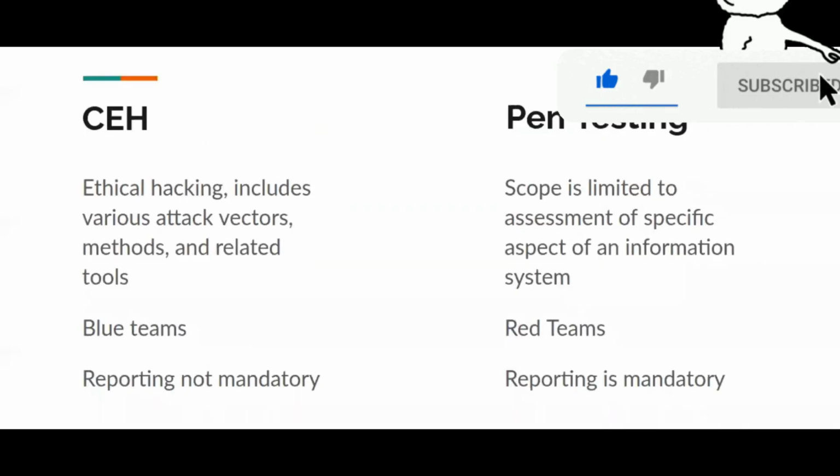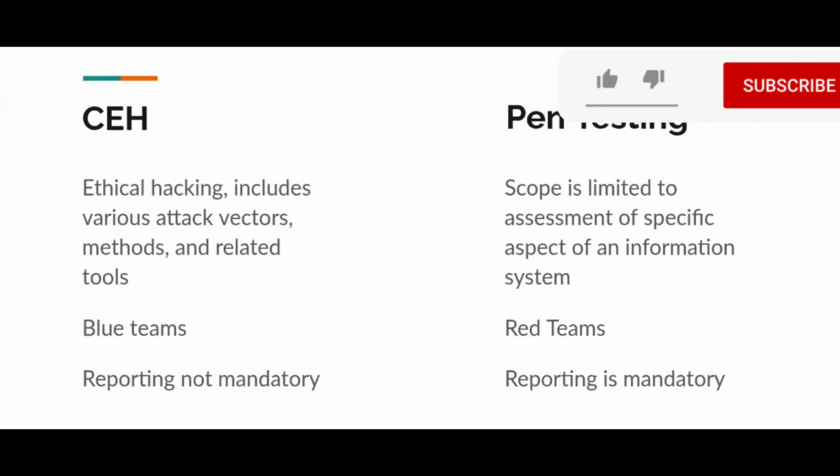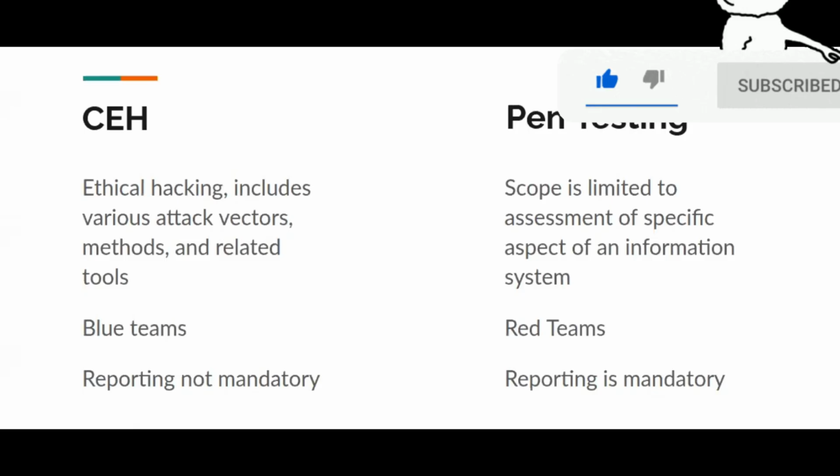So if we compare penetration testing and ethical hacking side by side, you will see that ethical hackers usually use most of the attack vectors, methods and related tools. They are not limited to a specific aspect of an information system, whereas the scope of the activities of a penetration tester is limited to a specific aspect of a system.